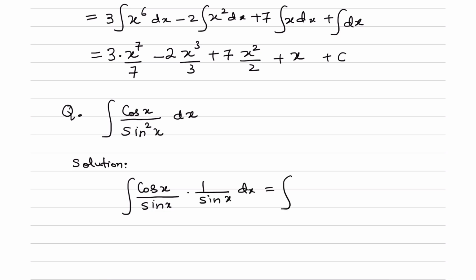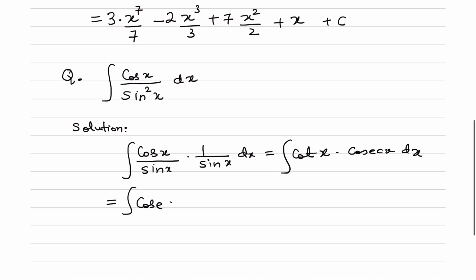We know that cos x by sine x could be written as cot x, and 1 over sine x is cosecant x. So we have cosecant x cot x dx. We know this formula that integration of cosecant x cot x is minus cosecant x. By using that formula, we have minus cosecant x plus some constant.